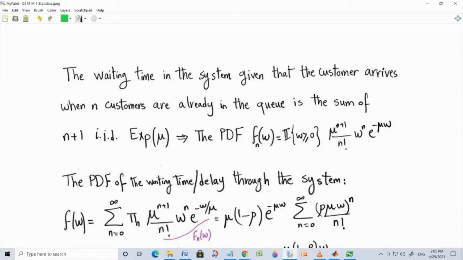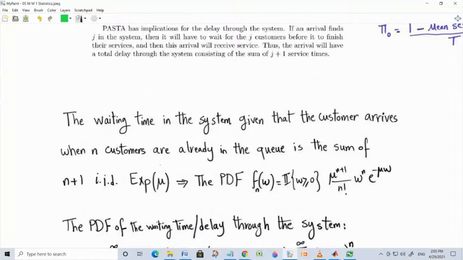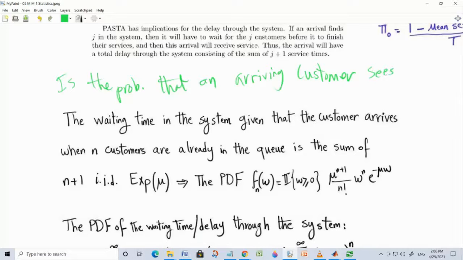Now let's go back to M/M/1 again. From the point of view of M/M/1, the question is: is the probability that an arriving customer sees J customers in the queue equal to pi J?